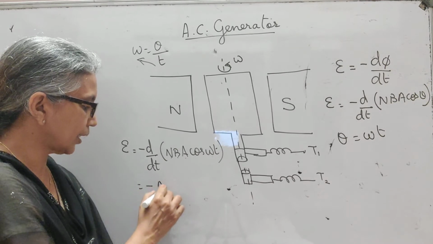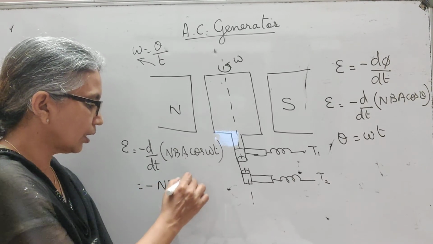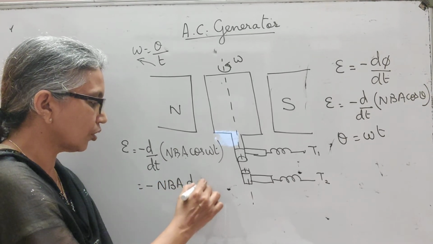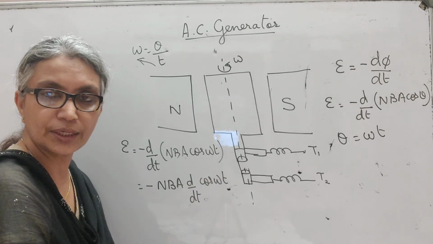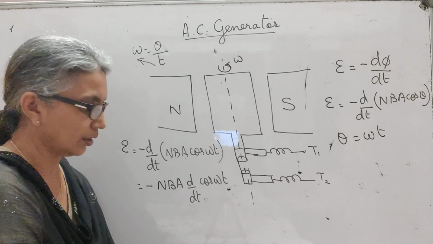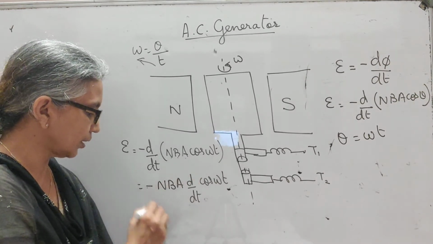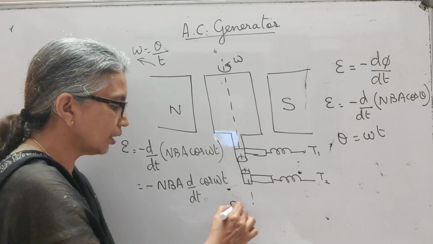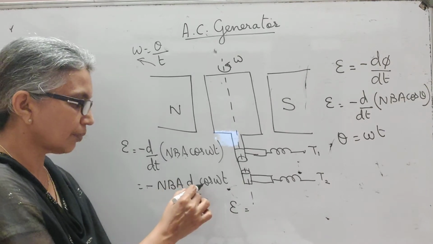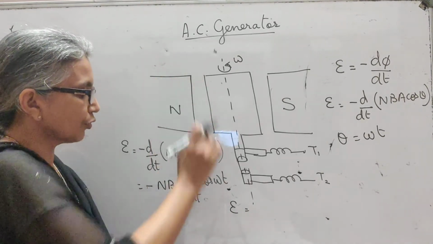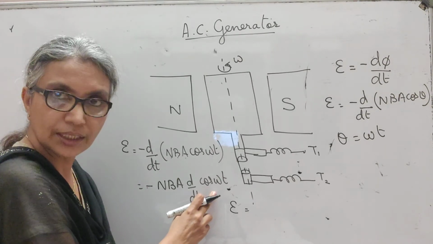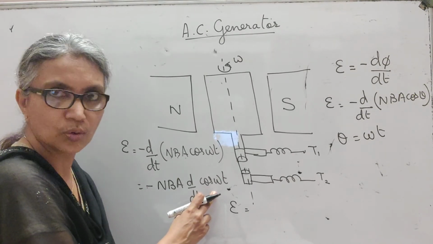So that is minus NBA d by dt of cos omega t, which you know is minus sin omega t into omega. So that minus and this minus, you will get EMF is equal to, please understand, d by dt of cos omega t is minus sin omega t into omega.